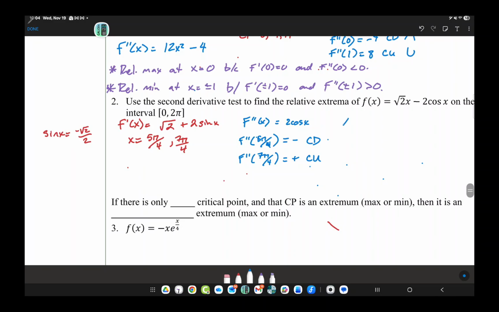So we are going to have a relative what at 5 pi over 4? If it's concave down, it's a what? Max. Relative max at x equals 5 pi over 4, and that is because f prime of 5 pi over 4 equals 0, and f double prime of 5 pi over 4 is less than 0.